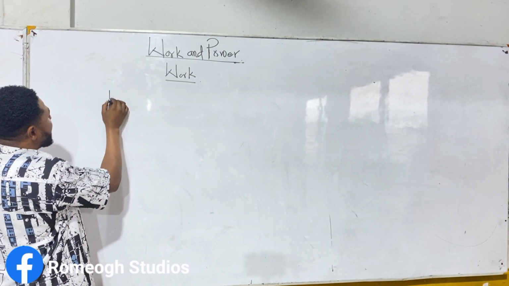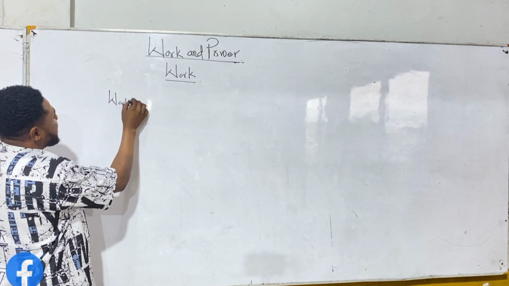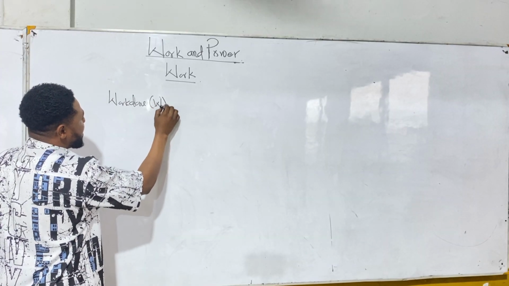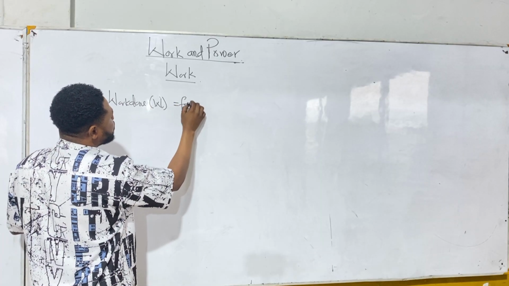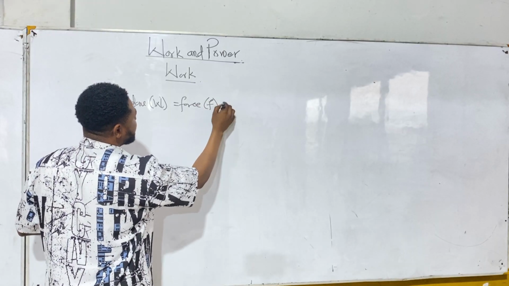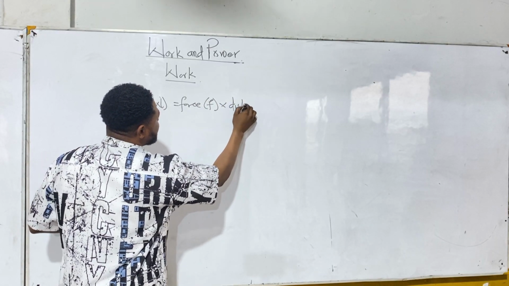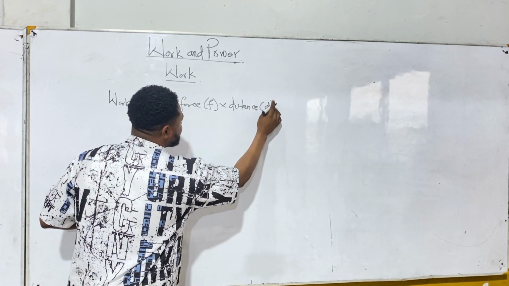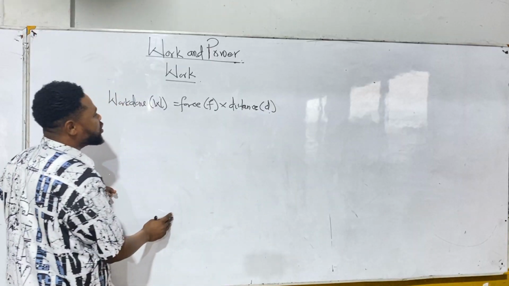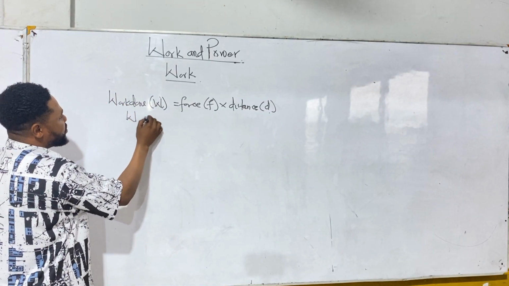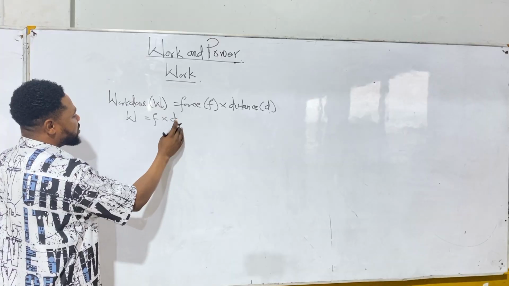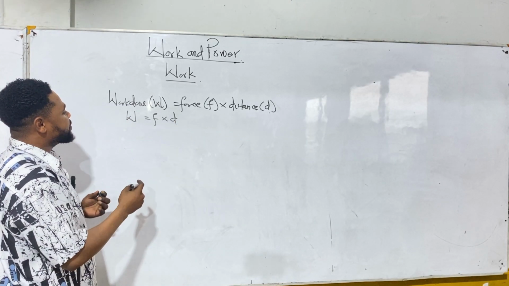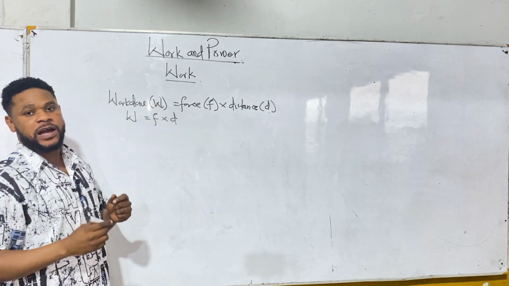Now, mathematically, from the definition of work, we can say that work done, let us use capital W to represent it, is equal to the force acting on the body times the distance through which the body moves. Let's use D to represent it. So in short, W is equal to F times D. In some cases, we can give you work done and distance and ask you to find force.